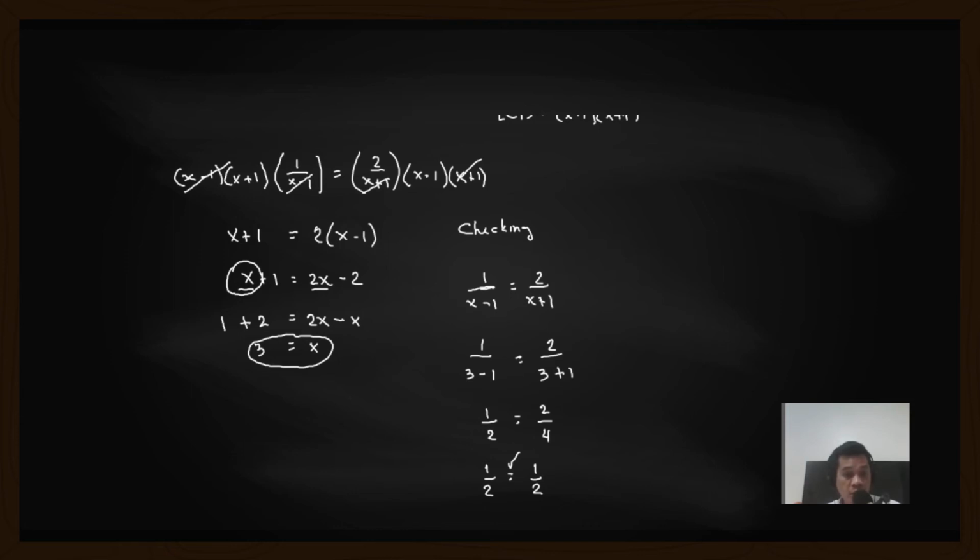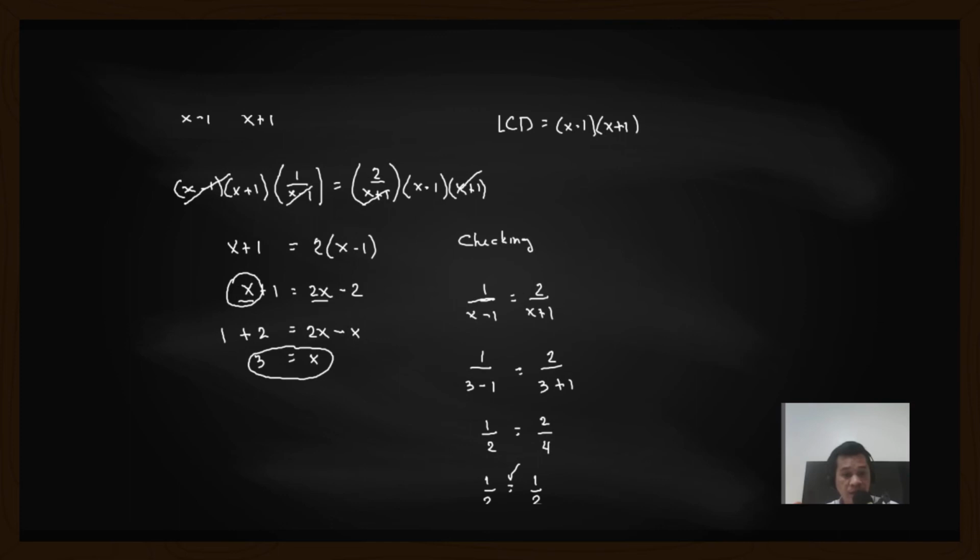is equal to 3. Again, ulitin ko, in solving rational equation, you need to transform the given into non-fractional form. So, in doing that one, you need to find the LCD. And then, after you find the LCD, you multiply the LCD to both sides of the equation, simplify, and then combine like terms to solve for the value of x.